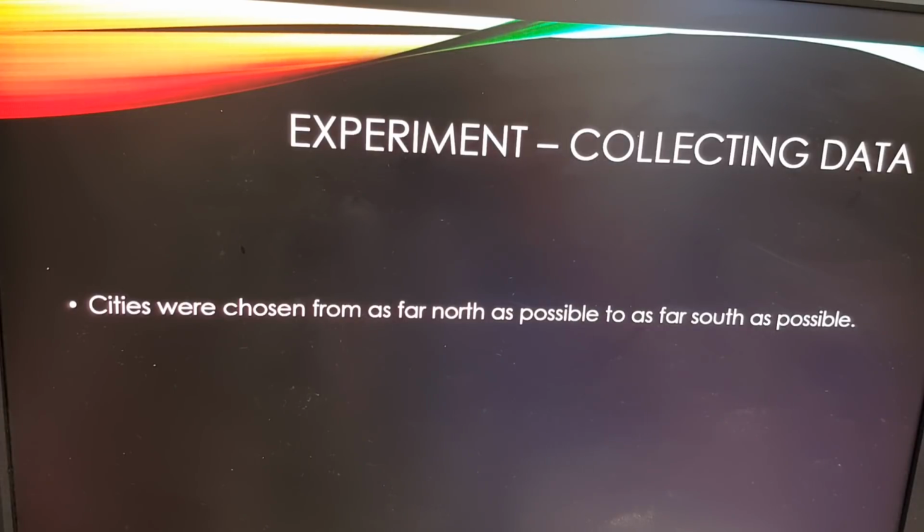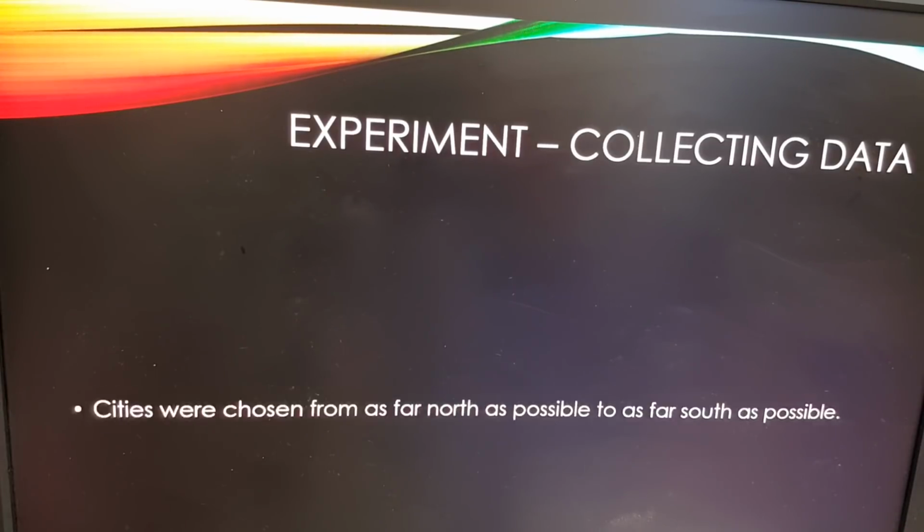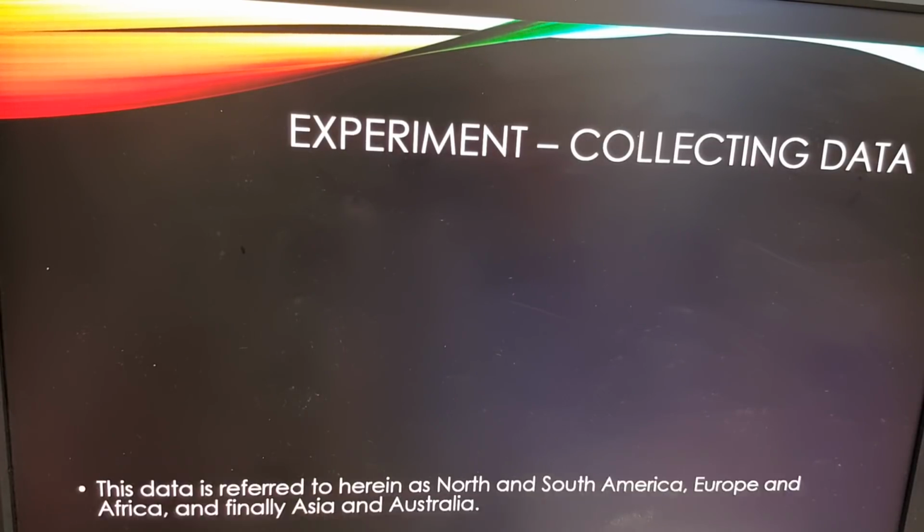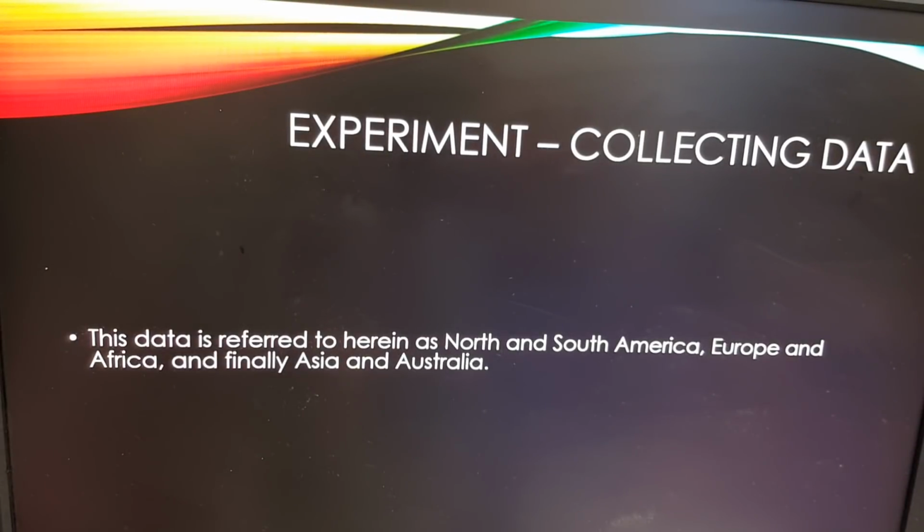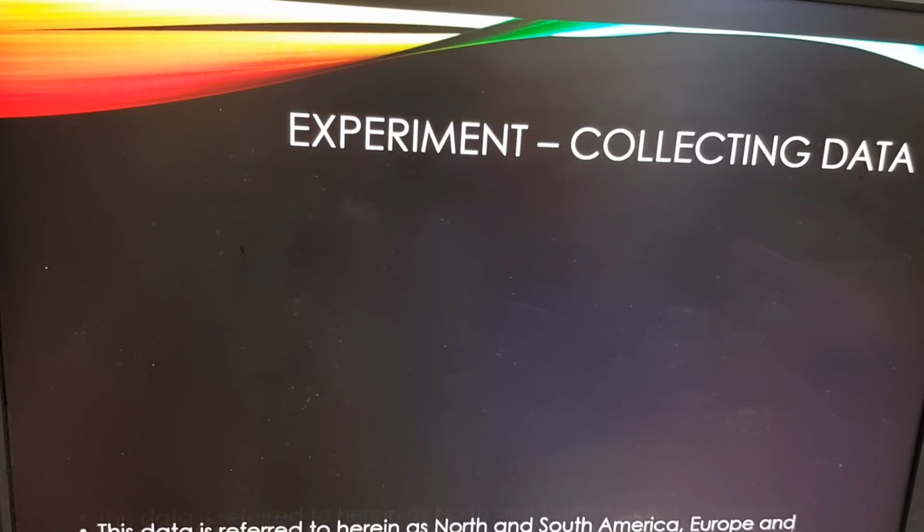So when I did this, I chose cities from as far north as possible to as far south as possible. So when I talk about the data in this series, I'm going to refer to it as the North and South America data, the Europe and Africa, and then finally the Asia and Australia data.